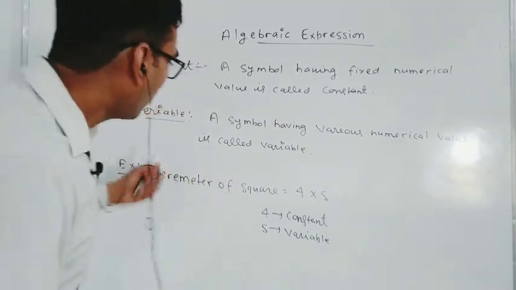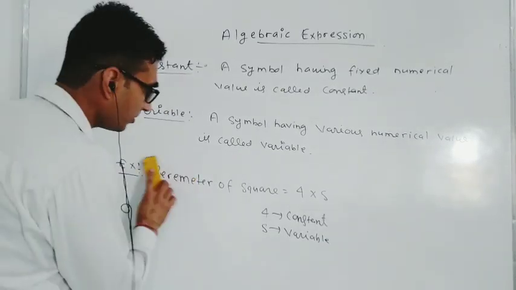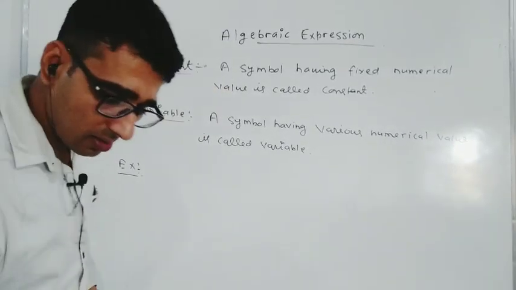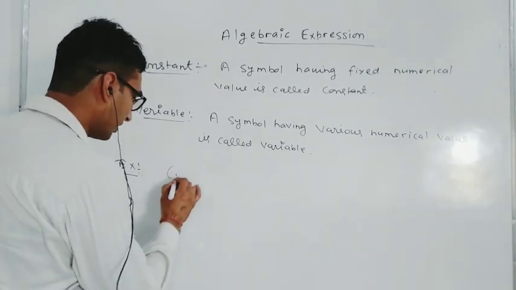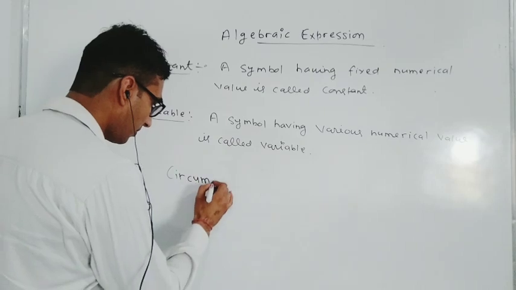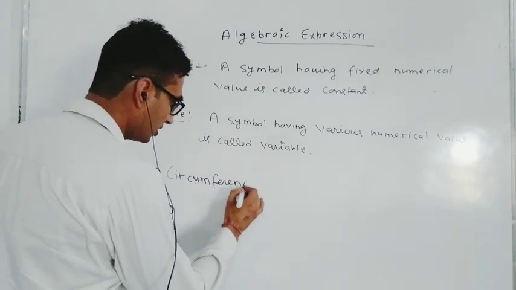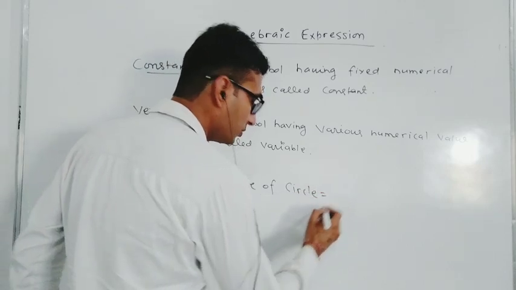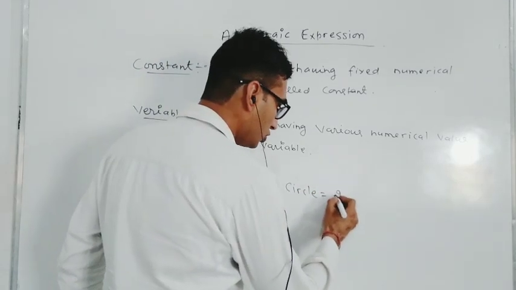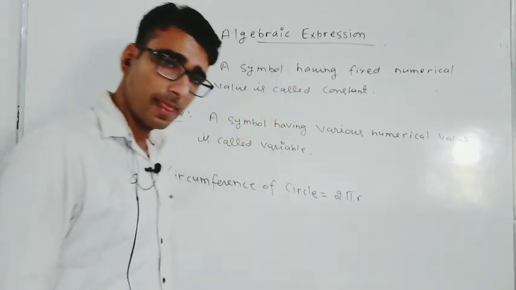Let's take one more example of this. What is the circumference of circle, beta? It is 2 pi r.